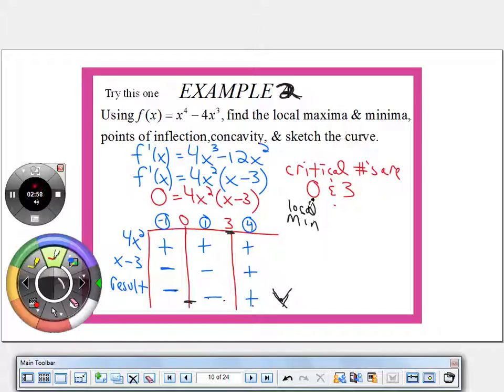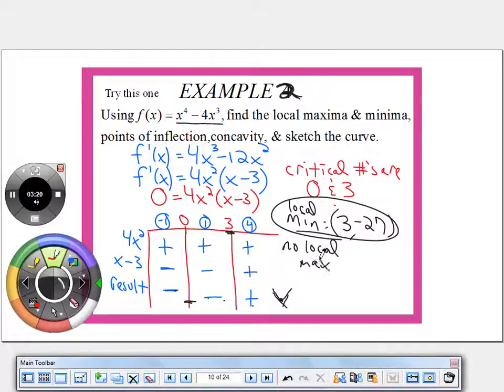And for the local minimum, we can just plug the 3 into the original function to figure out what we get. So we plug it into that function, and I got -27. So that's a local minimum. We have no local max because we have no sign change from positive to negative. So we have no local maximum here.